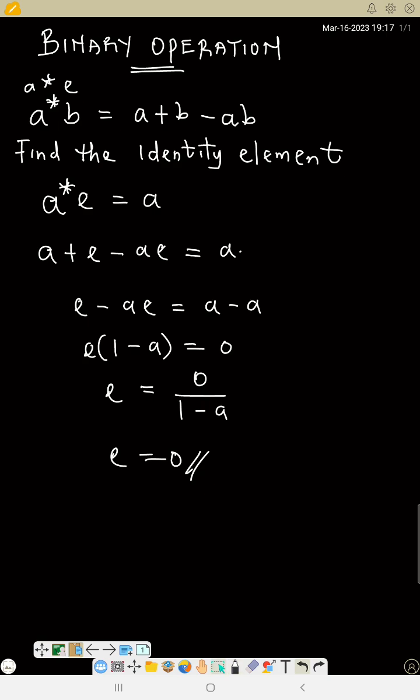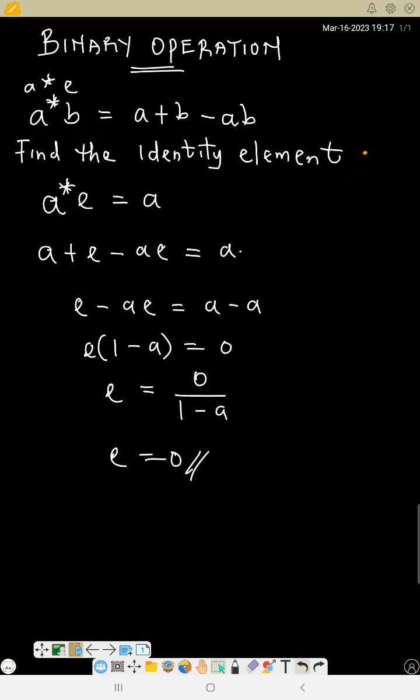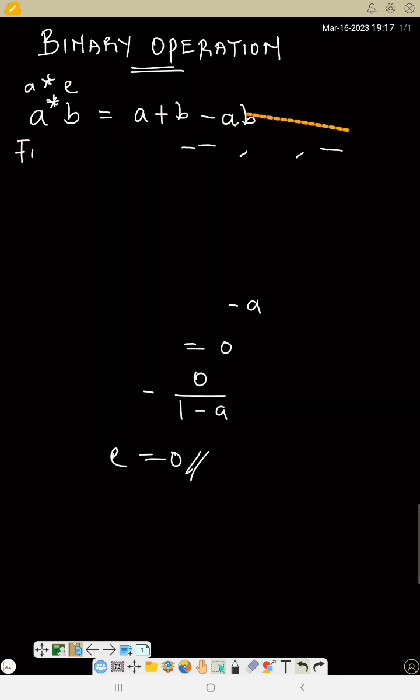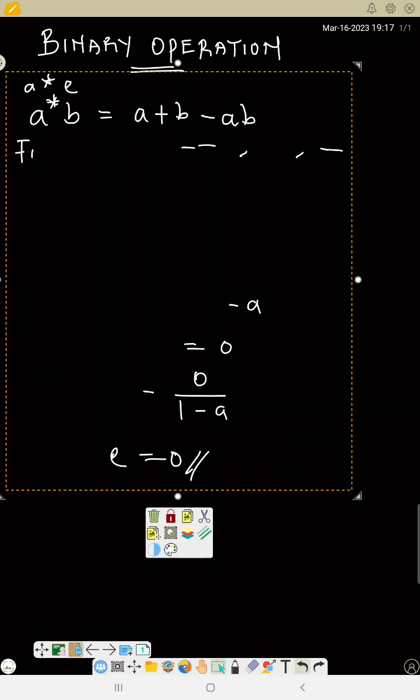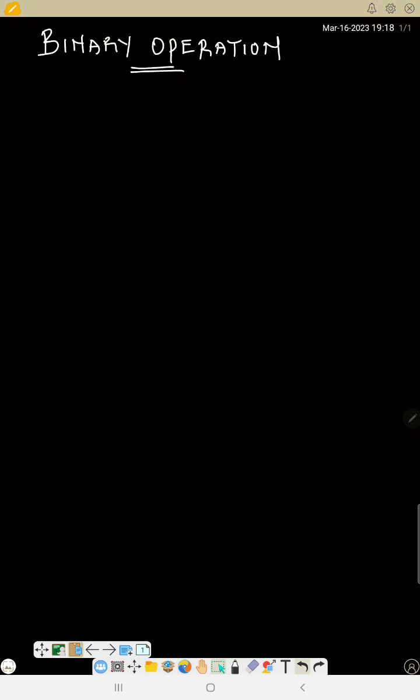So inverse is similar to this identity. Inverse too has its own property. For inverse, A * A inverse will be equal to E. So if we are talking about inverse, then this is the inverse property.